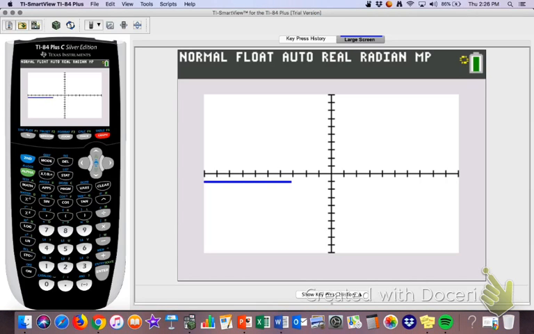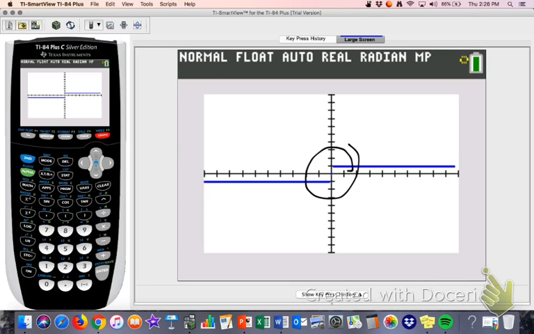We know that there's a sharp turn at x equals 0. And you can see that we have a break here in the graph. So we know that the derivative doesn't exist at 0.